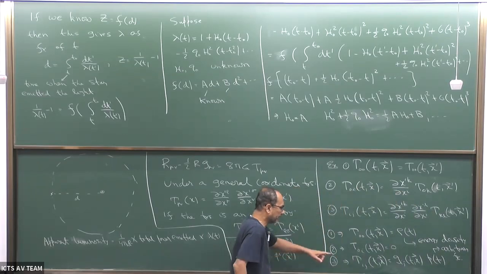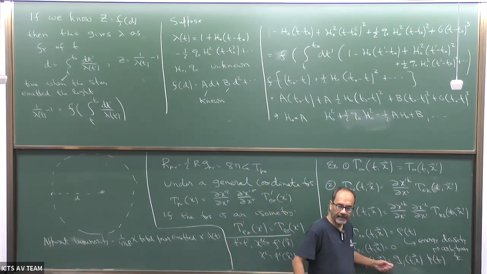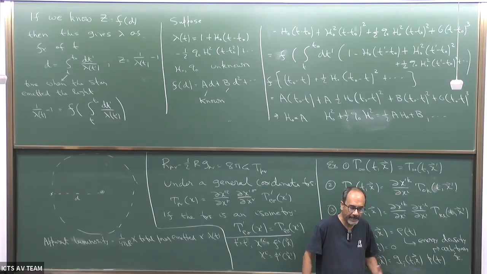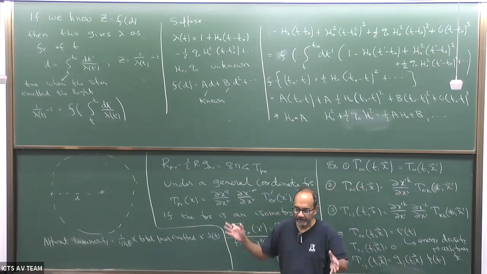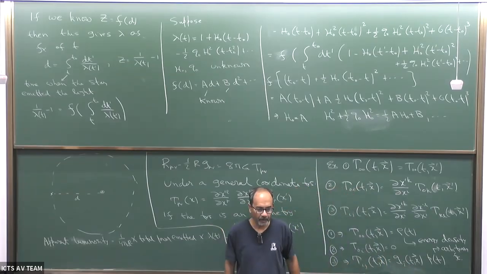Now I could have written it in different ways. I have chosen to write it this way: g_ij(t,x). I take it to be the full 3-dimensional metric, the ij component of the metric, including this a(t) whole squared factor that multiplies it. You remember the form of the metric?